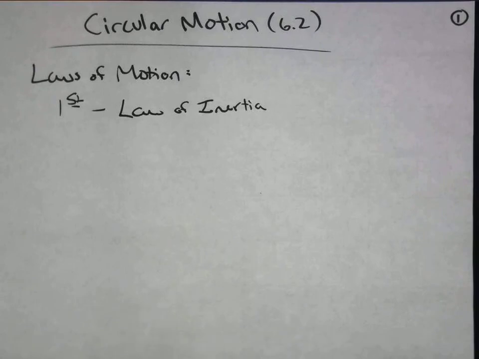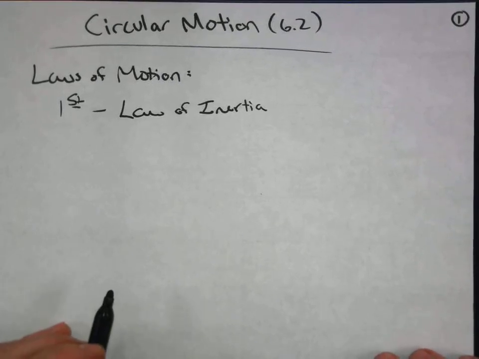The more mass an object has, the more inertia it has, in other words, the more tendency it has to keep doing what it's already doing. If an object is sitting still, it will tend to keep doing that until an unbalanced force acts on it. If an object is moving, it'll keep moving at the same speed and in the same direction until an unbalanced force acts on it and changes that. So that's the first law.